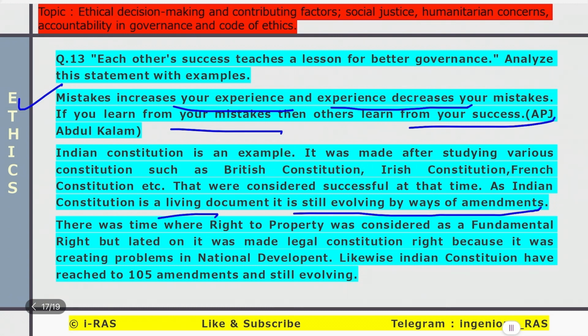We can make mistakes. So there is a provision by which we can rectify our mistakes, and we can learn from them, so that our future generations will have some clues from those mistakes and they do not repeat those mistakes, right? There was a time when the right to property was considered a fundamental right under Part 3 of the constitution, but later on it was made a legal constitutional right, because it was against national development.